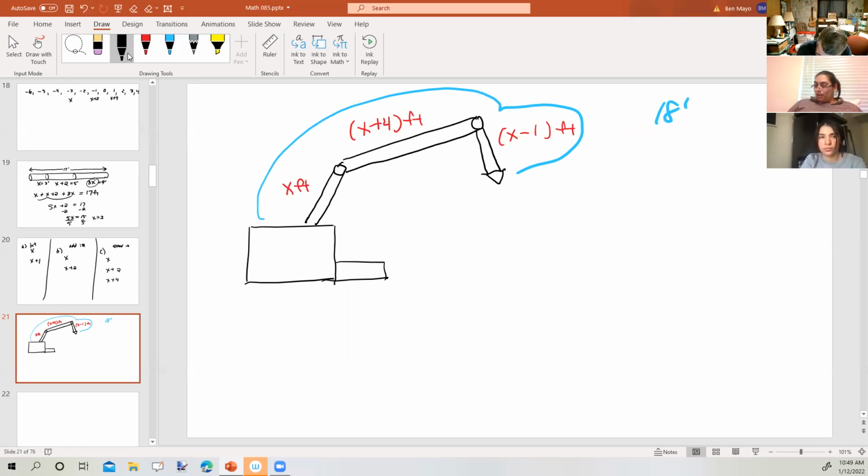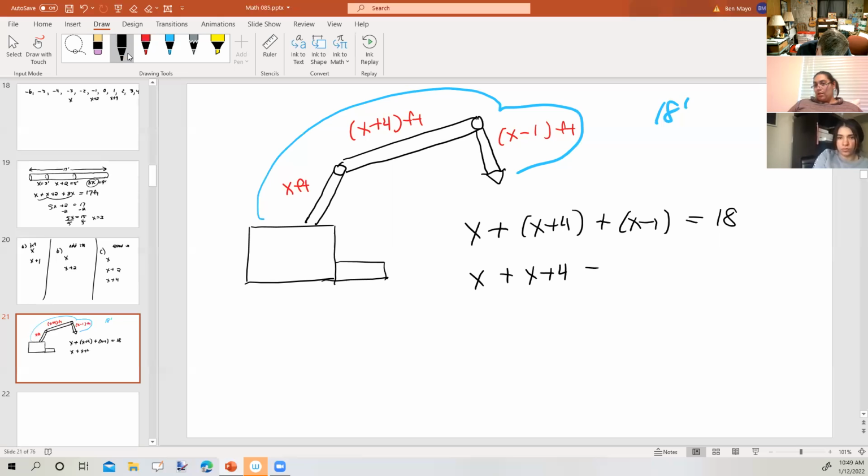So our equation would be x plus 4 plus x minus 1 equals 18 feet. And these are all in units of feet.